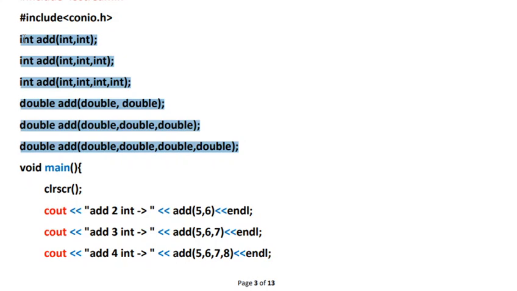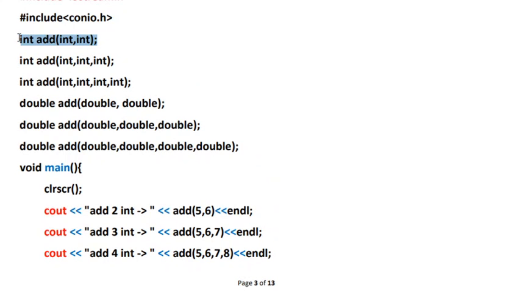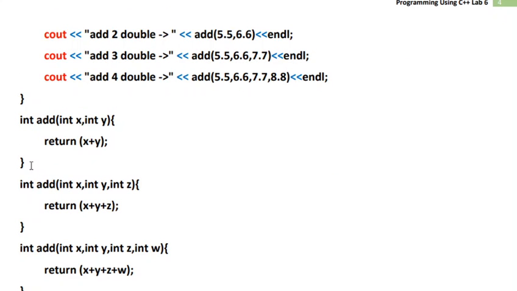So here I have multiple instances of add where the number and the type of parameters are different. Whenever I call a function by passing two integer parameters, it will call this instance of add that adds two numbers and returns an integer.